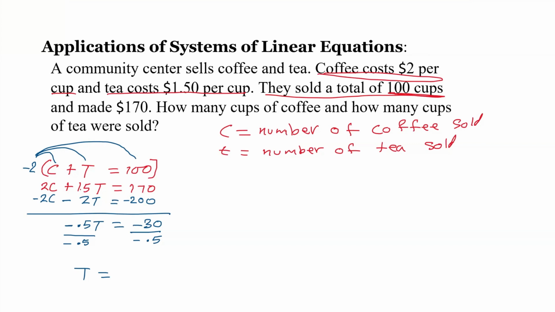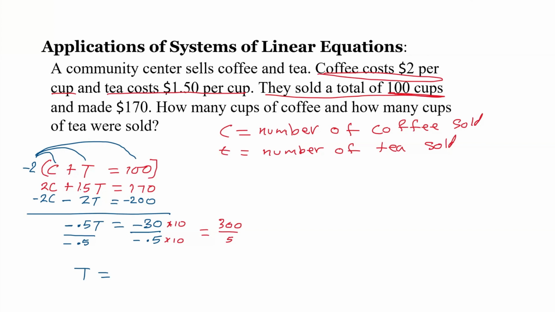If you want, you could make it into a whole number. You could multiply top and bottom by 10 to get rid of the decimal. You don't have to, you could just divide by 0.5. It's going to give you 60. But if you multiply top and bottom by 10, you end up with 300 over 5, no decimal. This is if you don't like decimals.